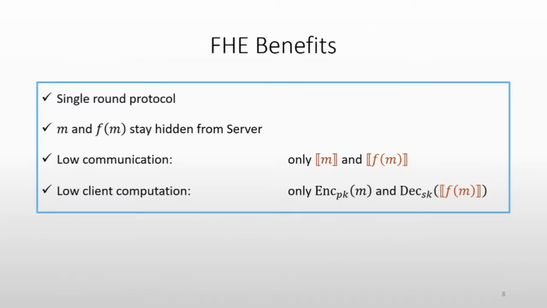The benefit in using fully homomorphic encryption is that it allows us to do everything in a single round. The message and the result stay hidden from the server. We have low communication, where only the encrypted message and the encrypted result are being transmitted, and we have low client computation, where only the client needs to encrypt the message and decrypt the result.